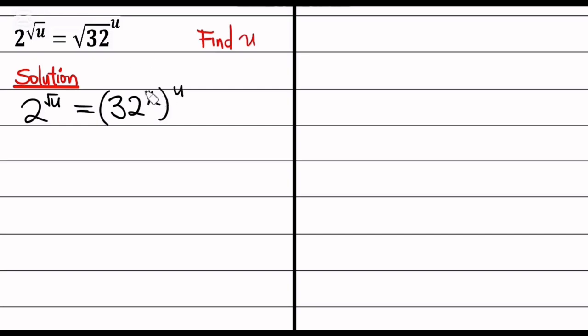We have this exponent of half there simply because the square root of a is just the same thing as a raised to the power of half, and that actually explains the exponent of half that we have here.